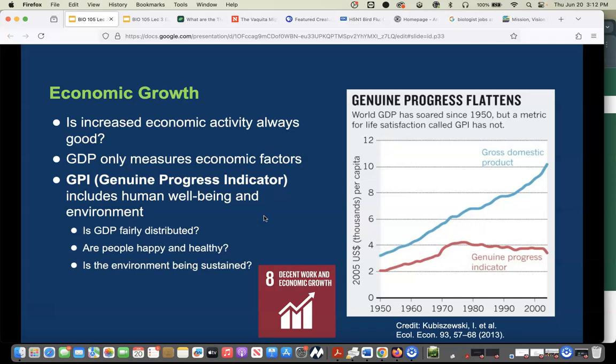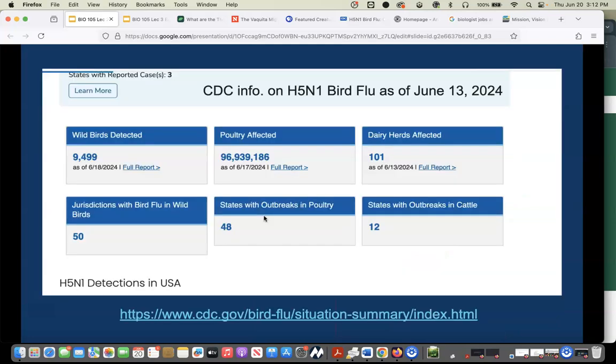Now, let's talk a little bit about a recent example of how health should be considered in some of our practices today. For example, in the US, factory farming is one of our dominant farming industries.